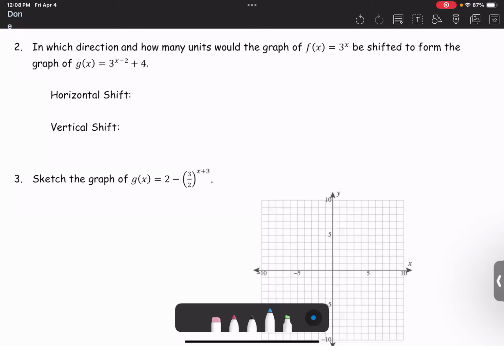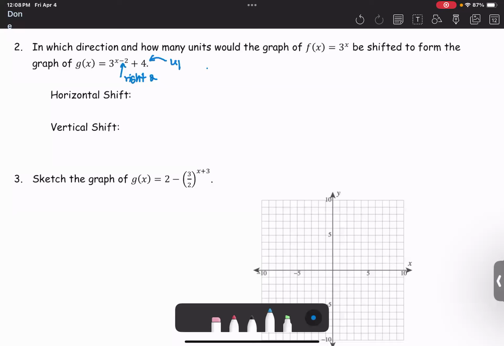For this example, in which direction and how many units would the graph of f of x equals 3 to the power x be shifted to form the graph of g of x equals 3 to the power x minus 2 plus 4? Let's analyze the problem. From what we have here, 3 to the power x minus 2 affects the x area. So that means it's going to shift to the right 2 units, where added by 4 on top of the exponential term.